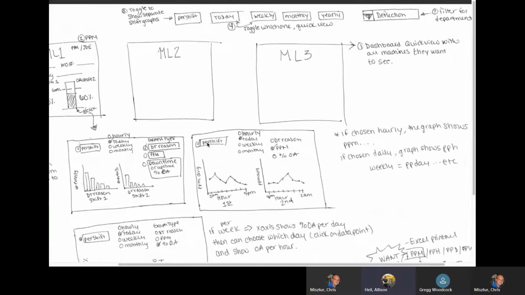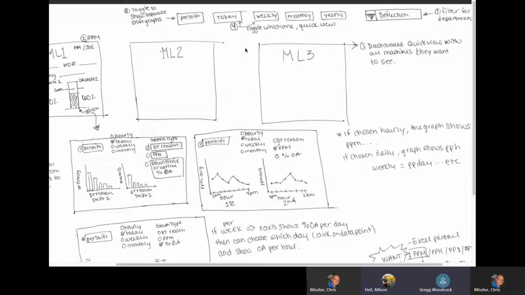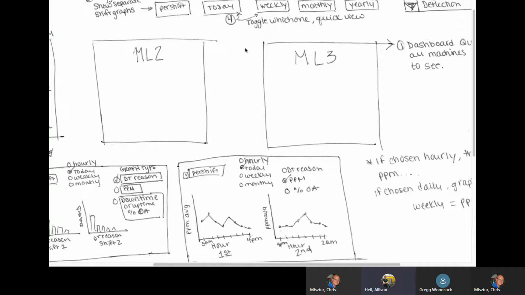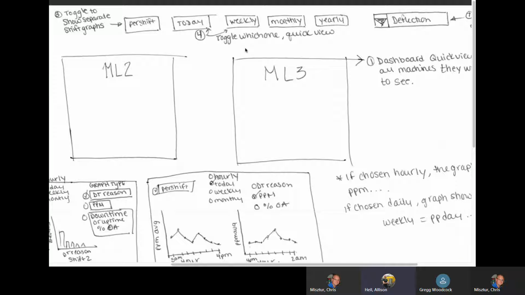the number 3 items? Okay, so number 3 shows kind of like a toggle thing that the supervisors really wanted to see. So, depending on what the graphs are, I think in ML1 it showed the OE or OA graph, which is just your percentage of your uptime.